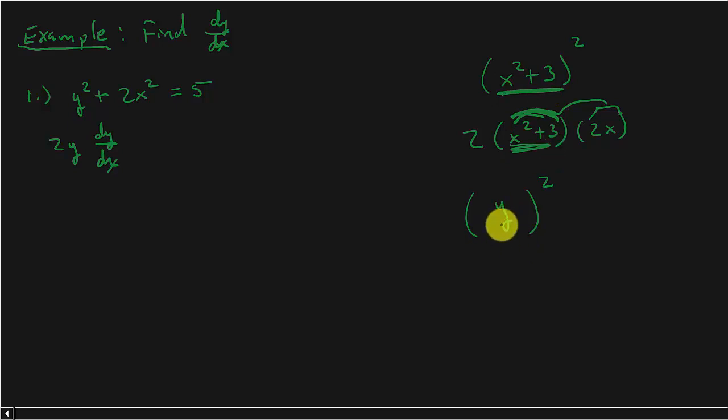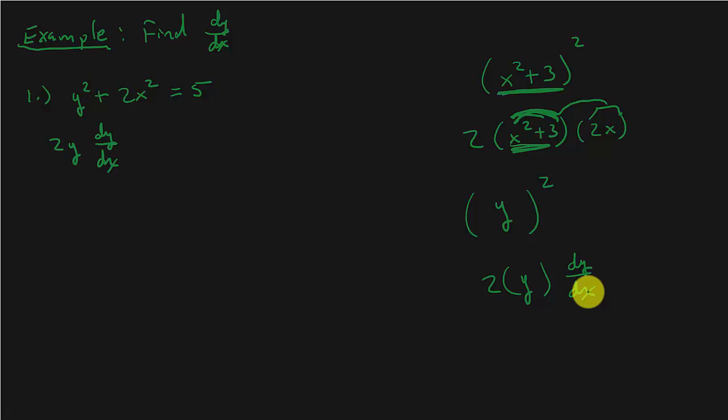You're doing 2 times y to the first power, but then times the derivative of what's in the parentheses, which is dy/dx. That's where it's coming from. It's like you're using the chain rule.